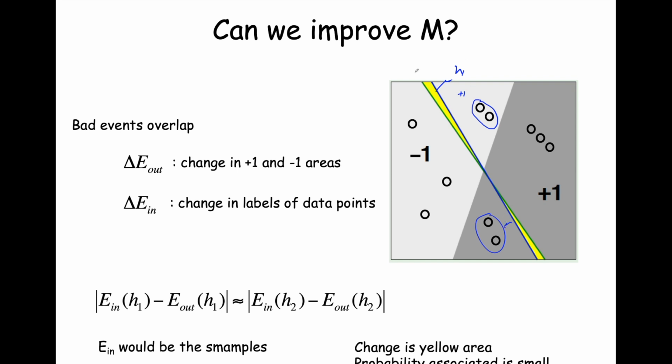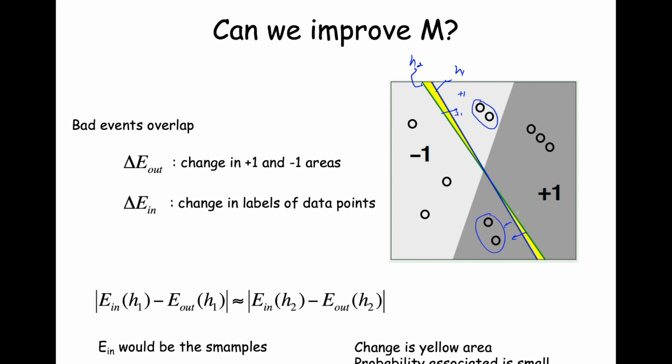And so for H1 and also H2, H2 agrees for these points. H2 says, okay, these should be +1 and ground truth are -1. H2 also says these two should be -1, but they're actually ground truth +1.